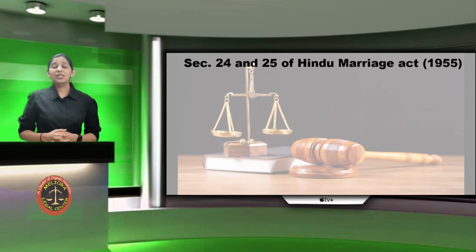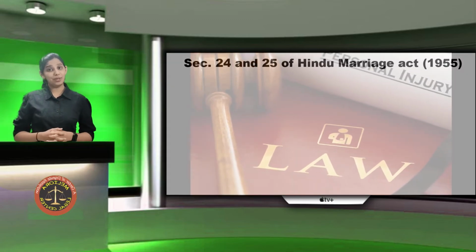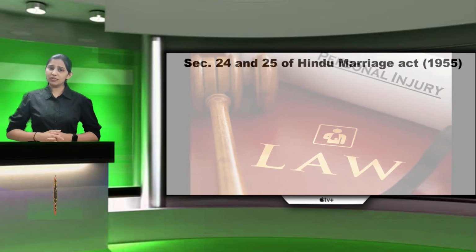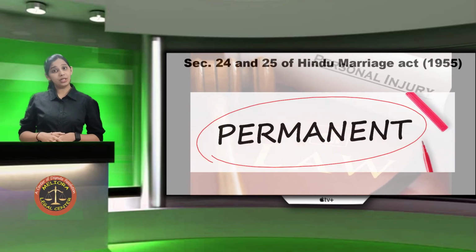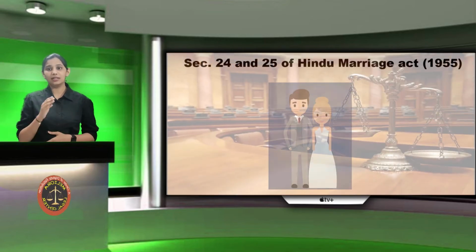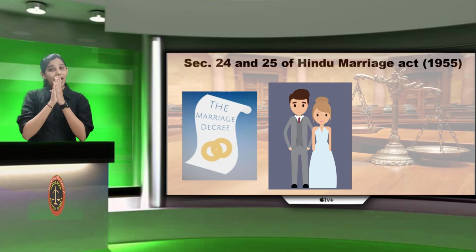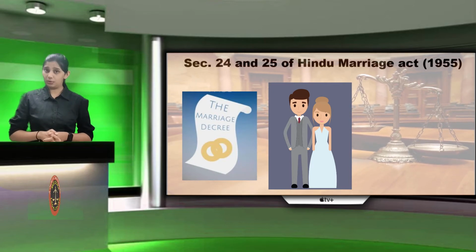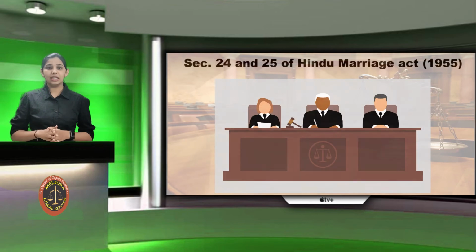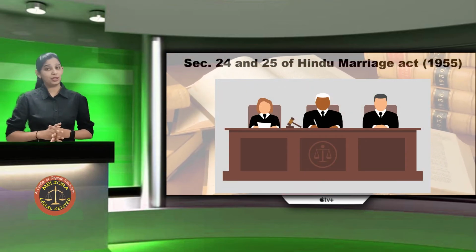Now let's proceed with Section 25, which talks about permanent alimony and maintenance. Section 25 provides for the grant of permanent alimony and maintenance to any party to the marriage at the time of passing any decree under the Act or at any time subsequent thereto. The court shall take into account the status of the opposite party in fixing the amount for the maintenance.